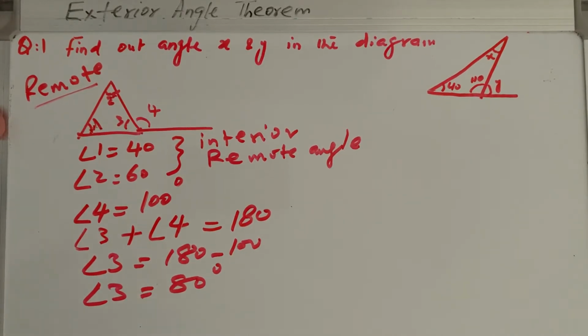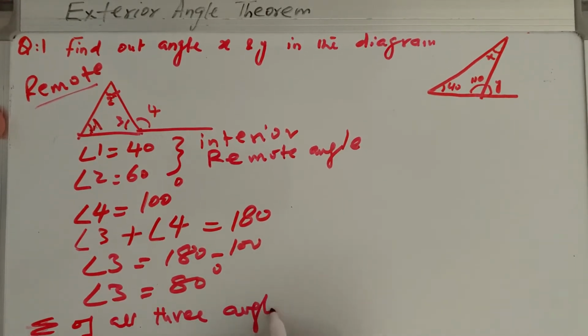Now, if we want to check the sum of all three angles of a triangle, what we learned in the last video is that it is 180.